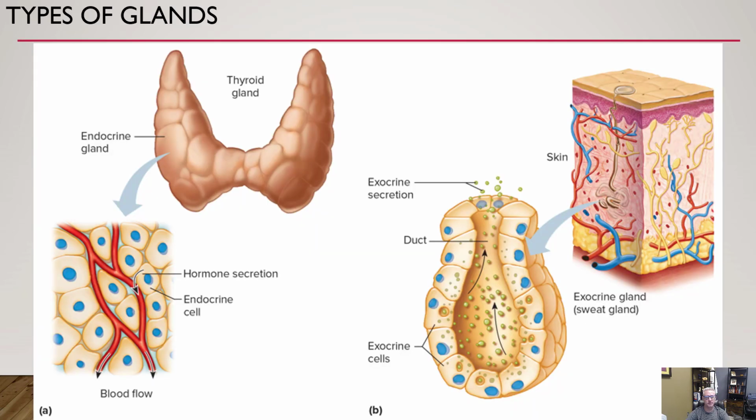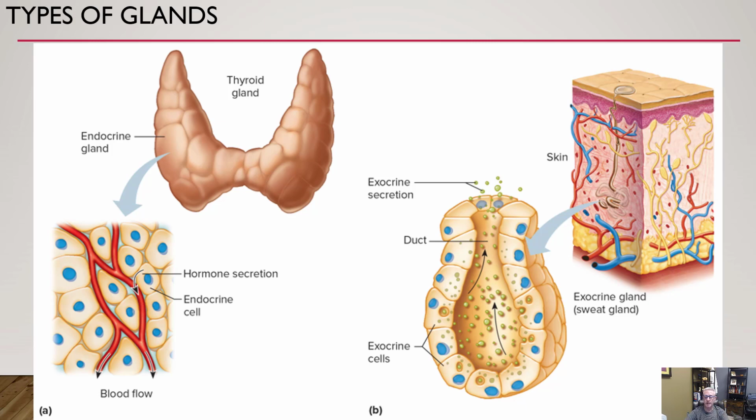So here are some different types of glands that show the difference between endocrine and exocrine. So the thyroid gland, for example, will secrete their hormones directly into the bloodstream. So the thyroid gland is an endocrine gland, whereas sweat glands will dump out their contents into these ducts, or this duct is kind of like a hollow area.